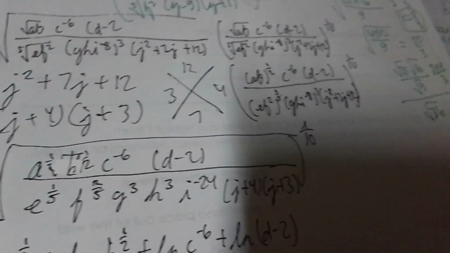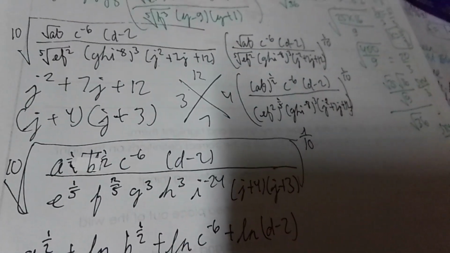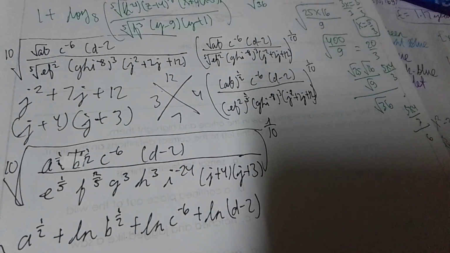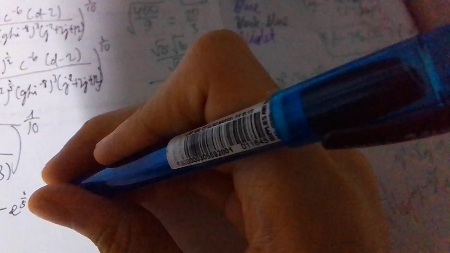Okay? Now, what about on the denominator? We have E raised to the 1/5 power. So, therefore, it's minus. So, minus E, 1/5. Diba? Minus F, 2/5. Diba? Kaya, that's ln pala.